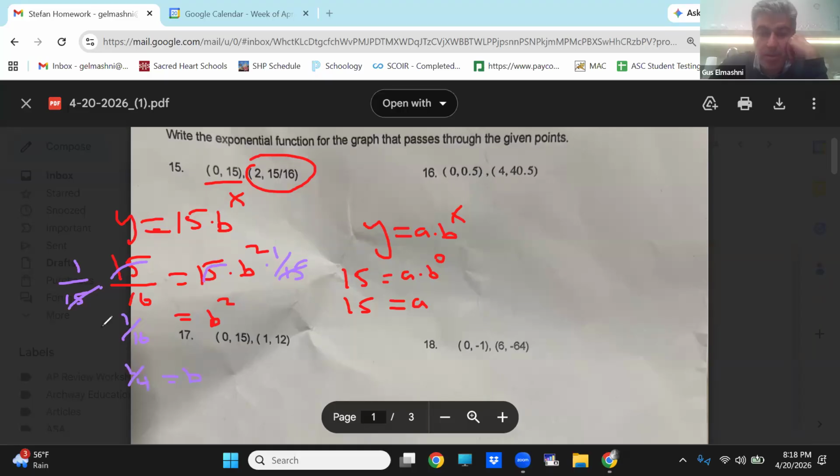So b would be 1/4. So the equation would be y equals 15 times 1/4 raised to the x power. That's number 15. That's how you handle that one.